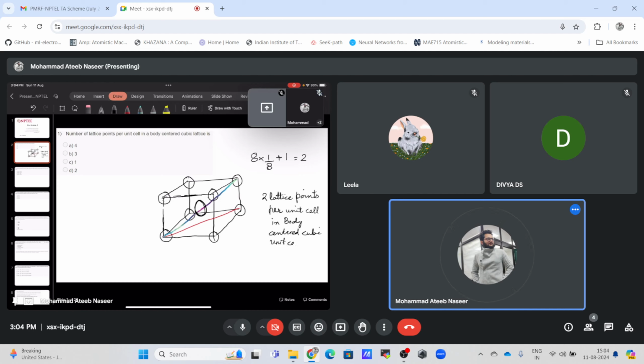Among these options, option D matches our answer, so we will select option D.